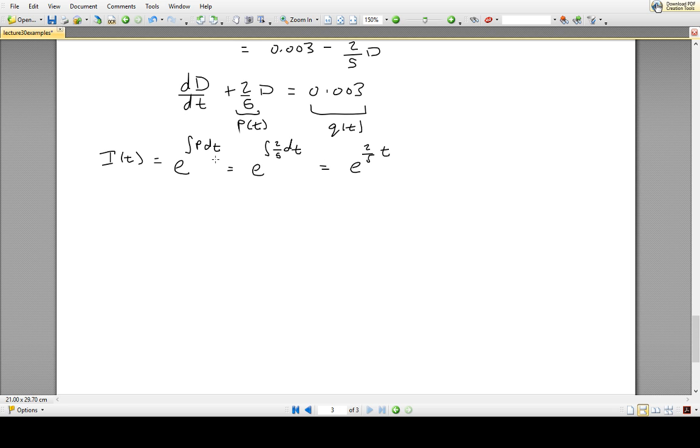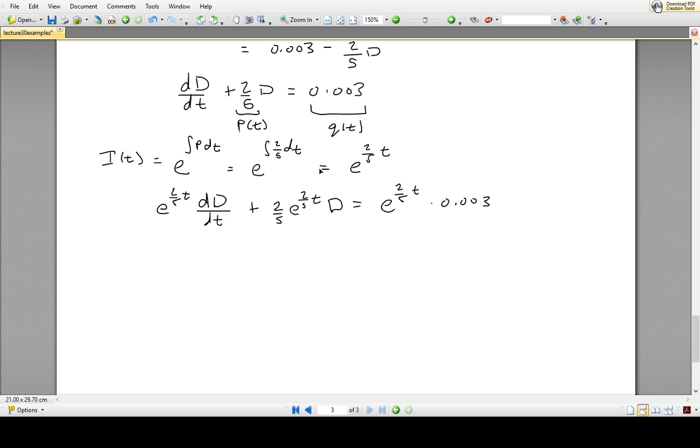I'm going to multiply both sides of my differential equation by the integrating factor. So I get e to the 2/5 t dd/dt plus 2/5 e to the 2/5 t times the unknown d is equal to e to the 2/5 t times 0.003.